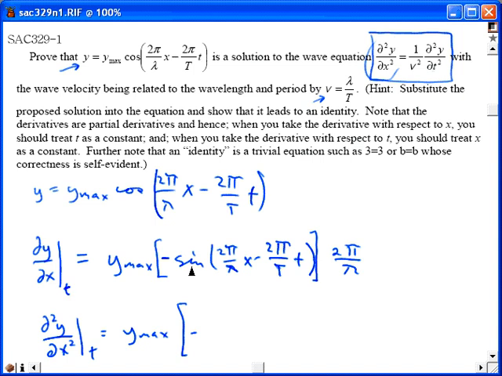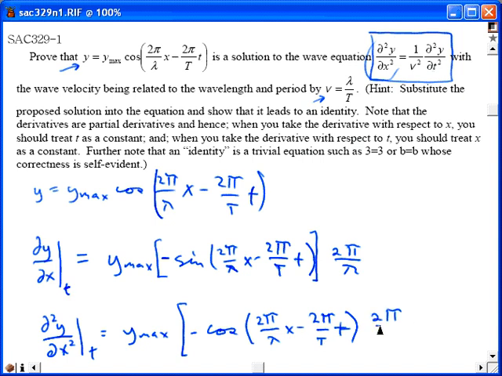And then the sine of an argument gives the cosine. Derivative of the sine with respect to its argument is the cosine of the argument. And then times the derivative of the argument with respect to x in this case.